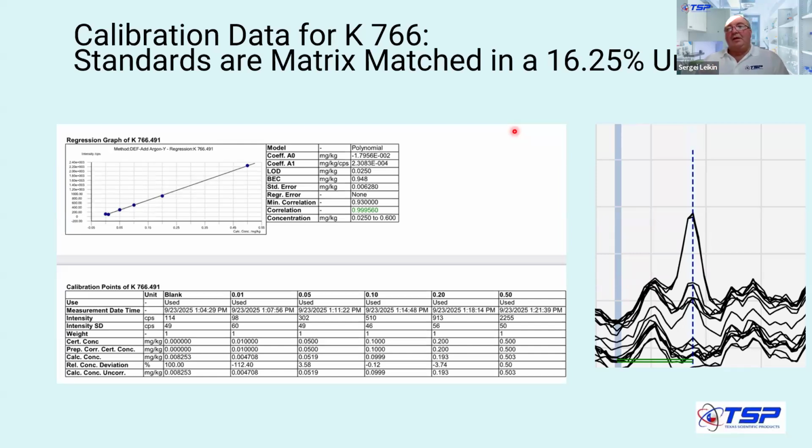And before, people were able to run it only at 1 to 4, 1 to 5, which will obviously affect the detection limits. Here you can see in this data that the 0 and 10 ppb solutions are on the same level as the blank, but it clearly separates 50 ppb.